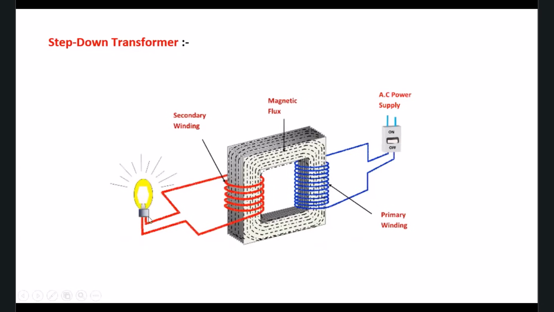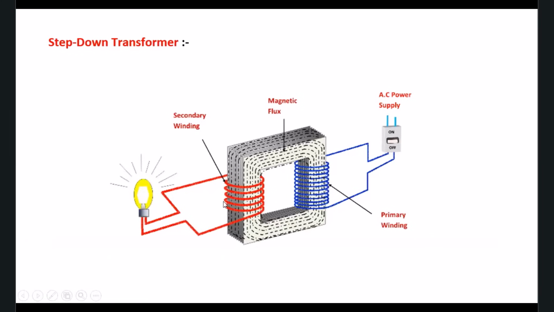The secondary side is connected with a bulb. There is a magnetic flux generated, the EMF generated, and you can see there are more windings at the primary side, and at the secondary side the number of windings is less.